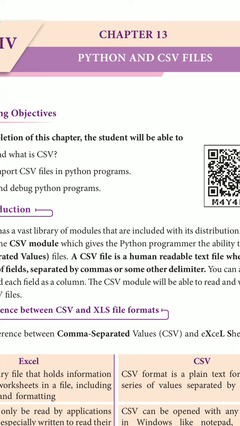So this Excel is a licensed product. But this CSV is open source. You can just use this CSV extension anywhere you like, and you can format and store tabular data into these textual files.